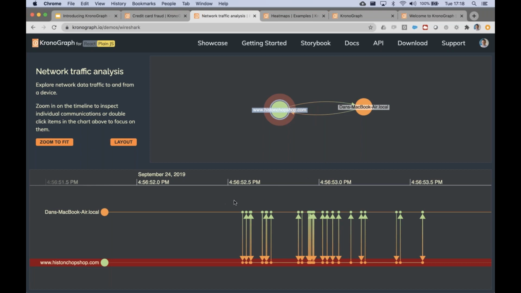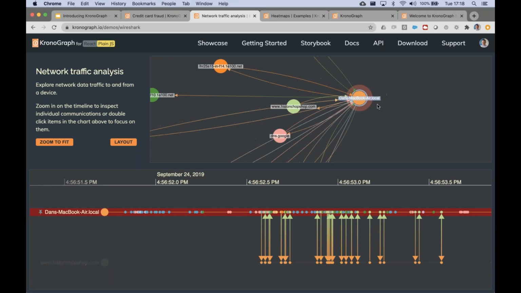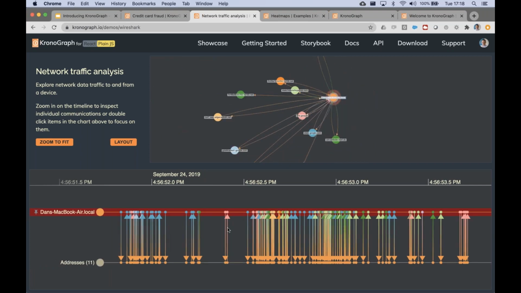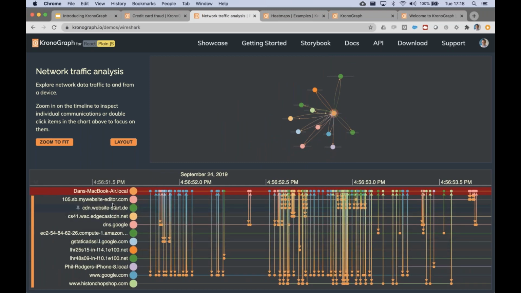For example, I might want to know what else my computer was doing while it was talking to this particular website, so I can use the chart to pivot around and bring in the wider picture. Then I can start to have a look at the individual addresses which my computer went to, and I can see that just the act of going to one website triggered a whole avalanche of other activity on my machine, going to CDNs to load content for the site, or looking up the site using a DNS server, or this is probably me going to Google to find the site before I actually went there.